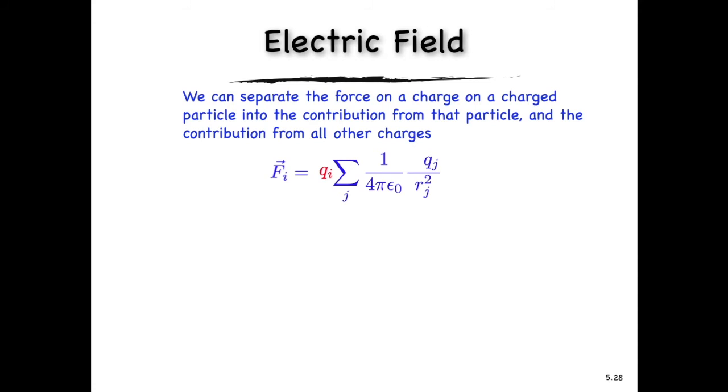And if we do that, then we get an expression for the force on some test charge that if we first calculate this sum, once we know that value, whatever test charge we want to consider, we just multiply it by that to get the force. Okay, so presumably that would be something useful to know. If we know what the effect of all the surrounding charges is at a point in space, then we can very easily figure out what the force on any given charge at that point in space is.